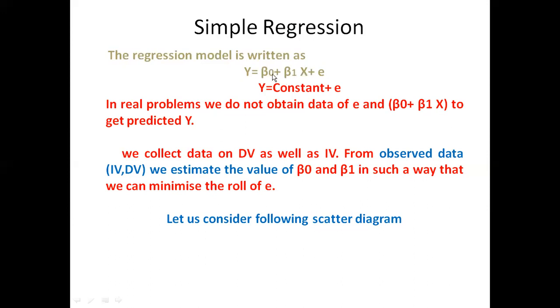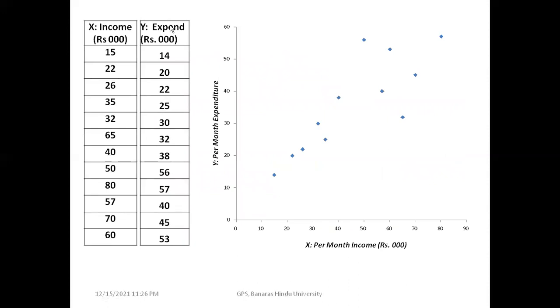Then we choose the relationship, beta 0 and beta 1, in such a way that the residual part, the random part's role, is minimum. So in real life, we get two paired variables, one called dependent and another called independent, and from those data points we calculate beta 0 and beta 1 by a certain rule. What is the rule? Suppose I have this data X and Y, income and expenditure. My data points are here.